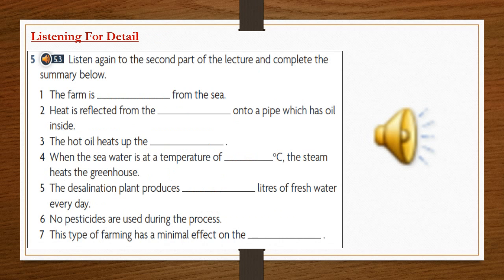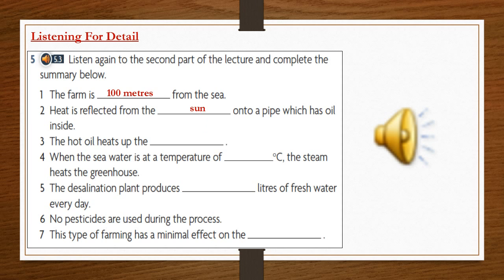Question number 5. Listen to audio 5.3, the second part of the lecture, and let's complete the summary below together. But first, listen to the audio. The farm is 100 meters from the sea.